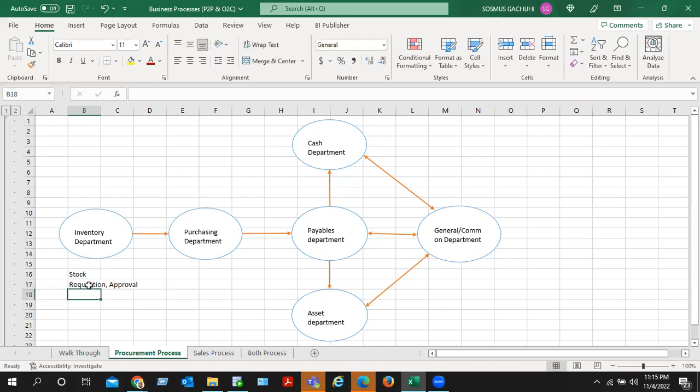With stock maintenance, requisition and approval, Oracle has an application that does that work. And instead of calling it the inventory department, we usually call it Oracle Inventory, and in short, we call it INV.